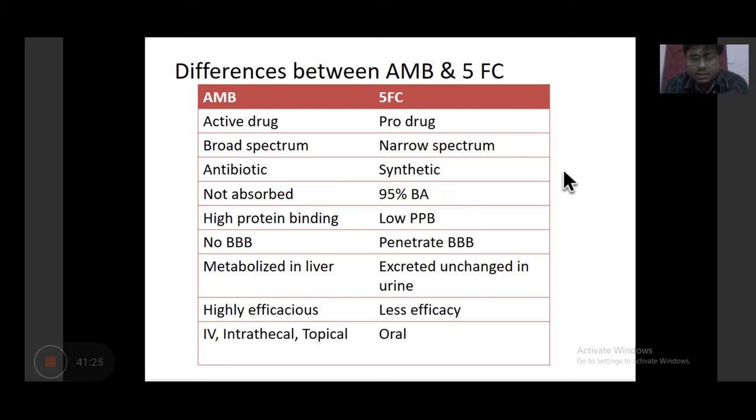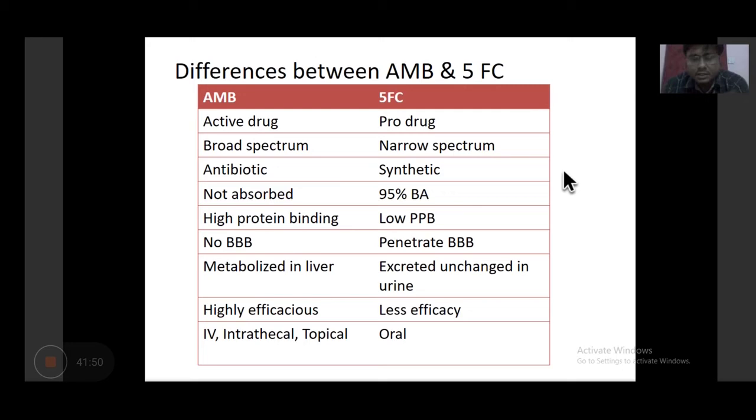Amphotericin B shows very high plasma protein binding, while 5-flucytosine shows low plasma protein binding. Amphotericin B does not cross the blood-brain barrier, so we need to give it intrathecally when we need to increase the concentration of amphotericin in cryptococcal meningitis, while flucytosine can penetrate the BBB, so it can be given by oral route.